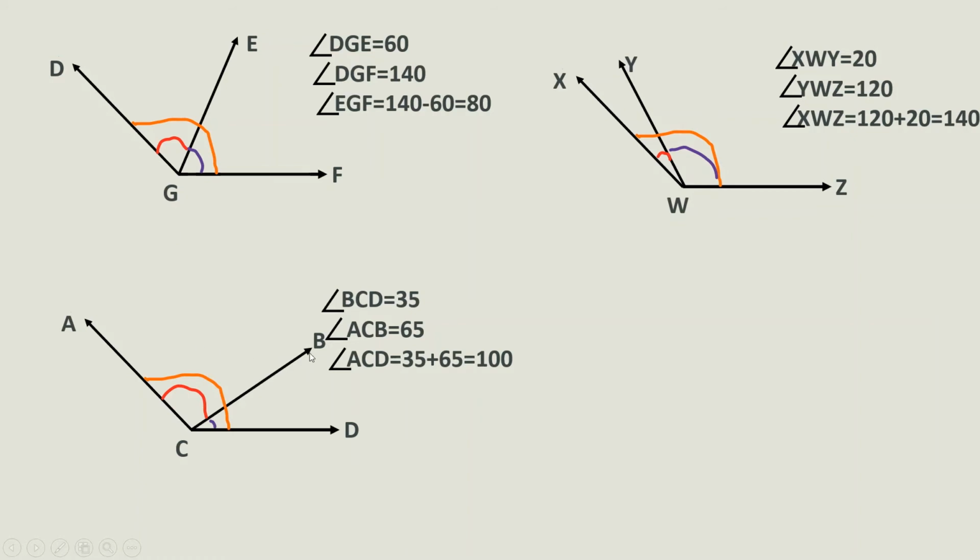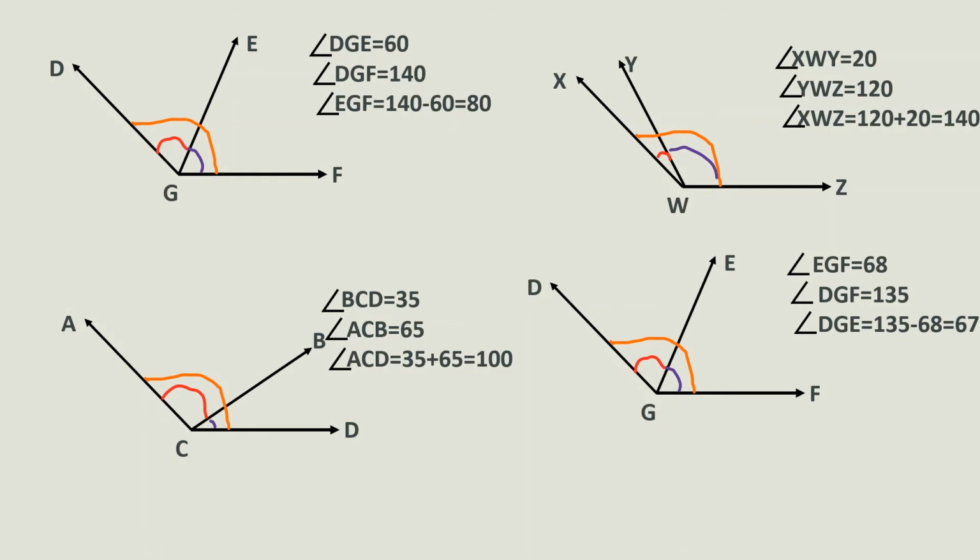And here, BCD gives us 35 degrees and ACB gives us 65 degrees. Once again, we're going to add because we're trying to figure out the whole value of ACD. 35 degrees and 65 degrees gives us 100 degrees.